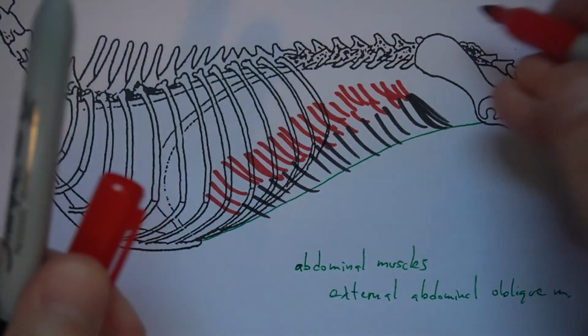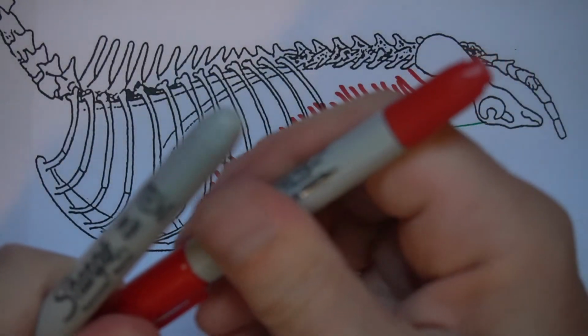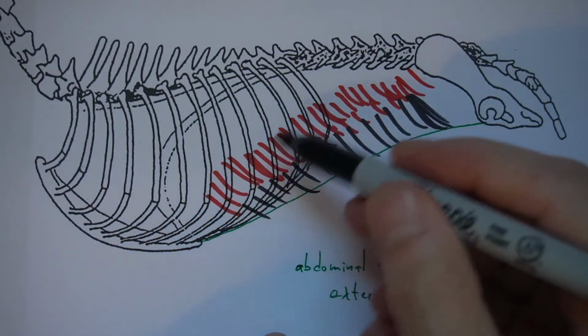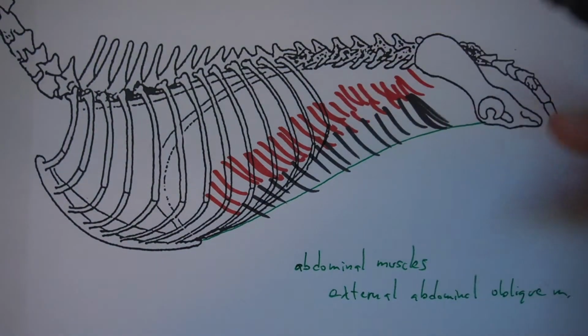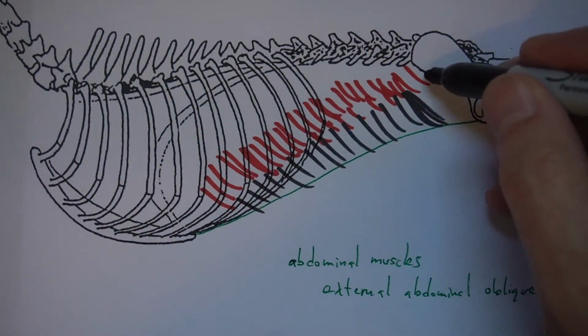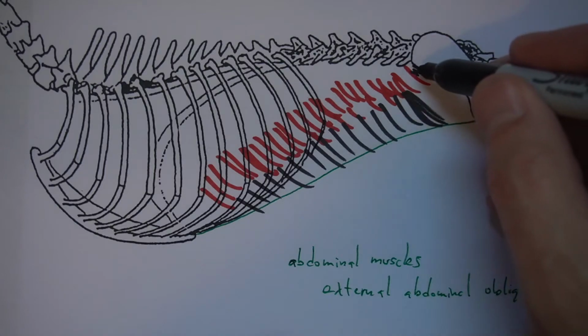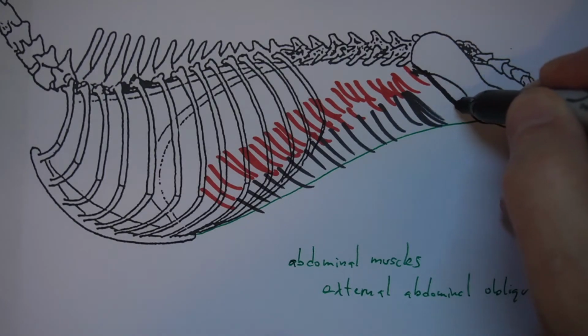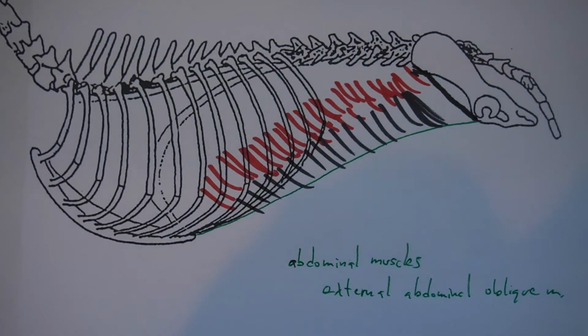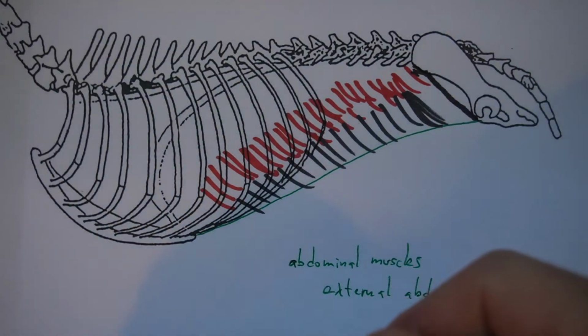Need some more muscle fibers up here. It's coming off the ribs, thoracolumbar fascia up here in the lumbar region, and it comes down, and the last attachments are up here at the ilium. And it's got a caudal free border right there.